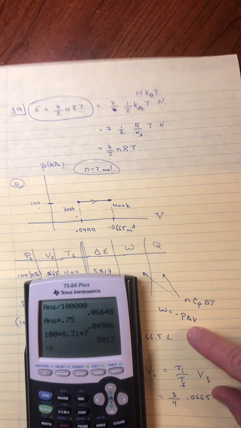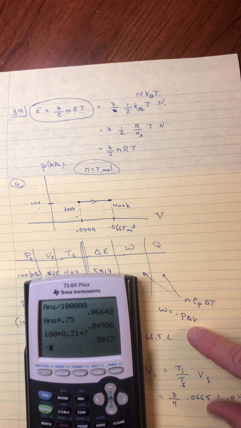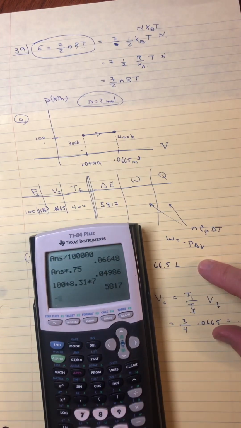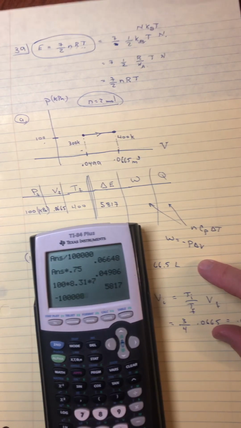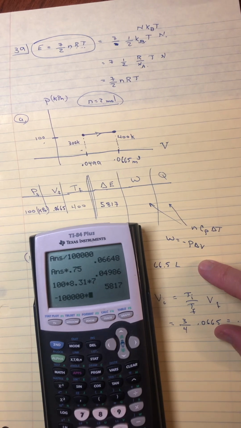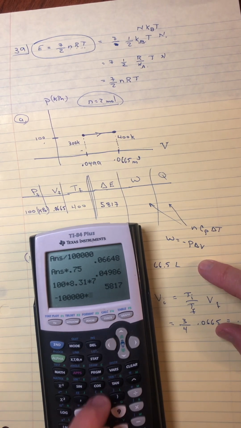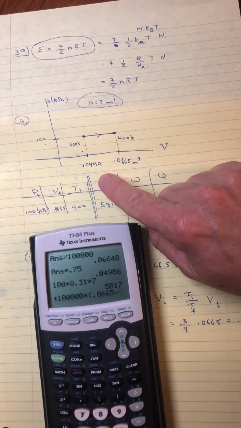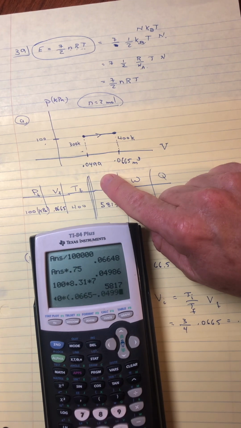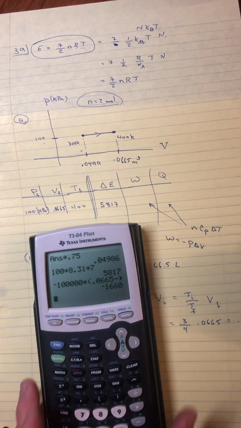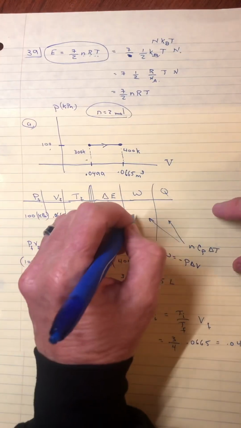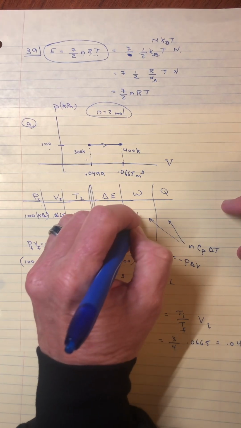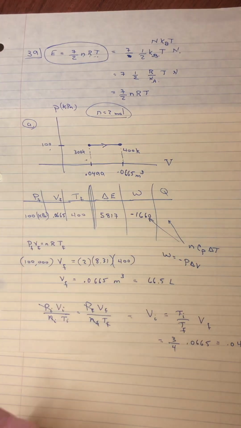And so let me go negative times the pressure, which at constant pressure, we know it's 1,000, and the change in volume, final, is 0.0665, and initial is 0.0499. And so, sure enough, it's a negative number, and it's 1,660 joules.